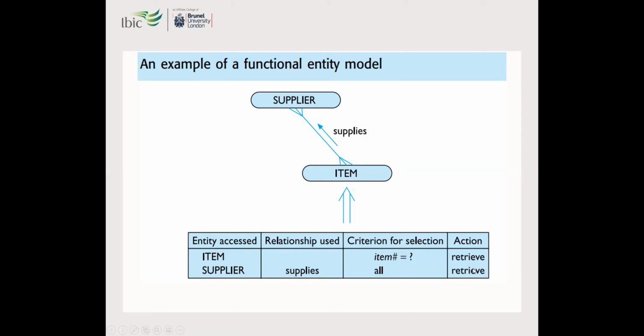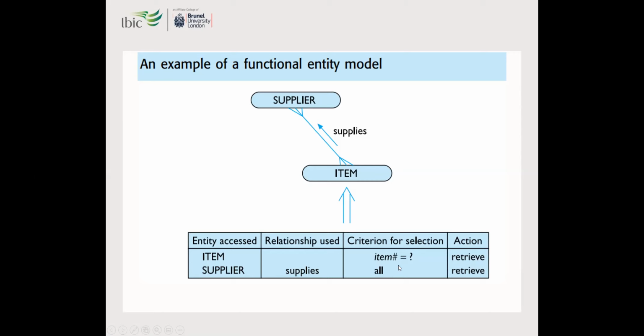Here you have some data and information, and you want to be able to see a functional entity model. So you can convert this. You have the entities, item and supplier. So you have two entities, and then you have a relationship, which is supplies.